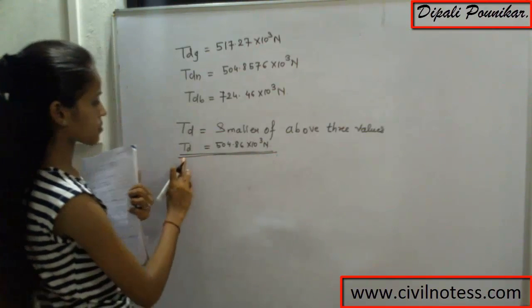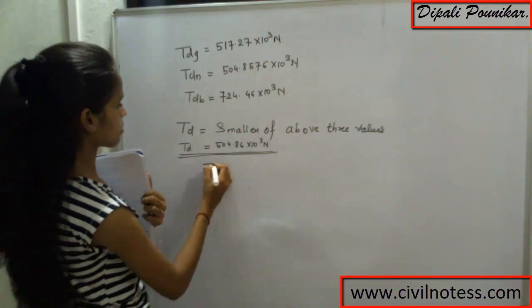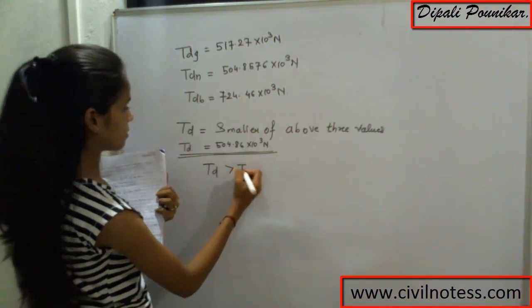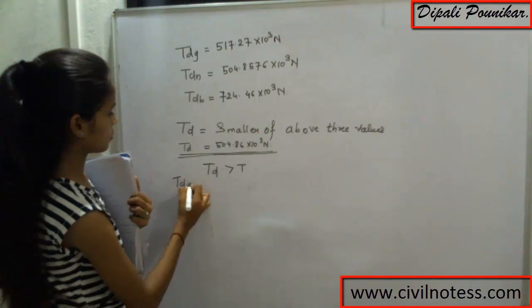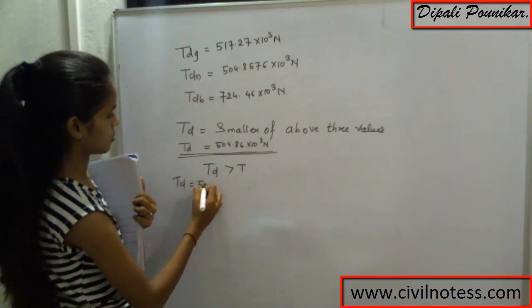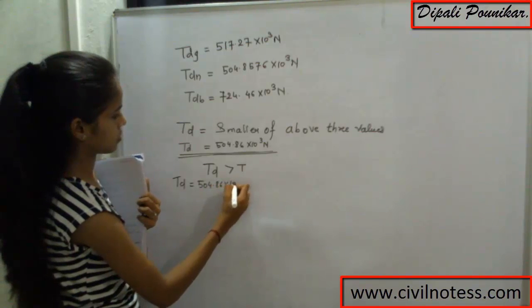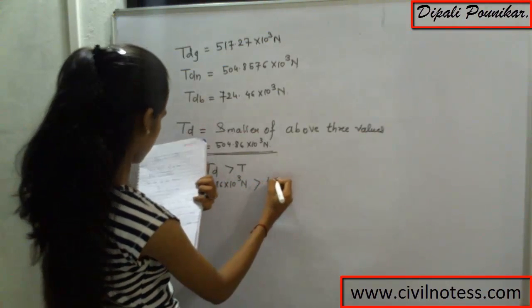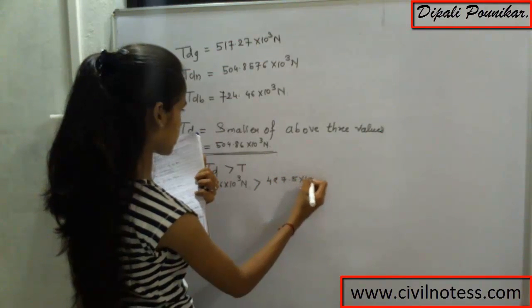This is the value of design tensile load, and we have to satisfy one condition, that is TD is greater than T. So TD equals 504.86 and T equals 487.5 into 10 to the power 3 Newton.